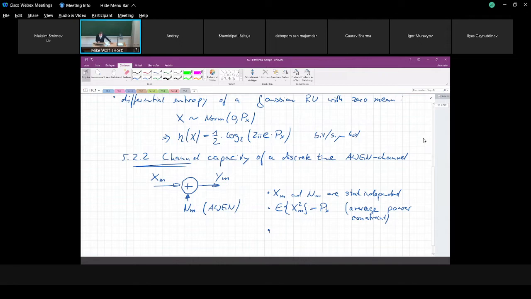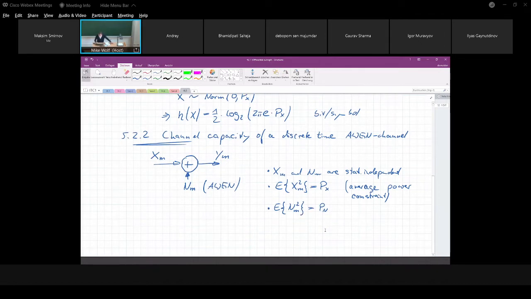And then if we take a look at the noise, the expected value of nm squared is just Pn, the noise power, according to this model. And since it's additive white Gaussian noise, adjacent noise samples are statistically independent, otherwise it wouldn't be noise.